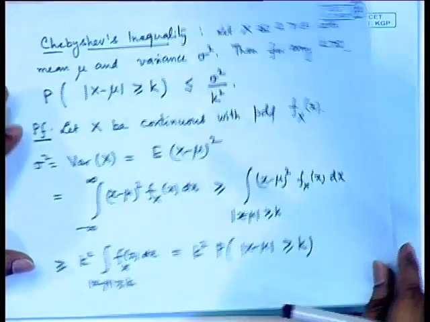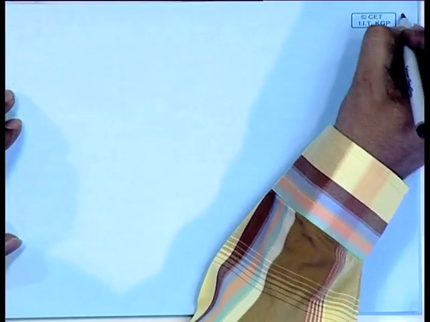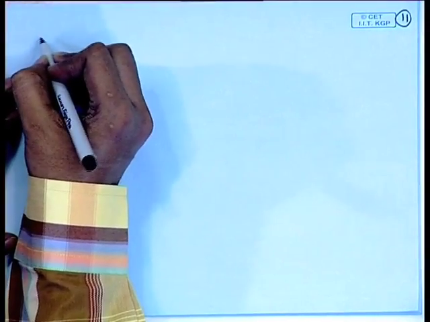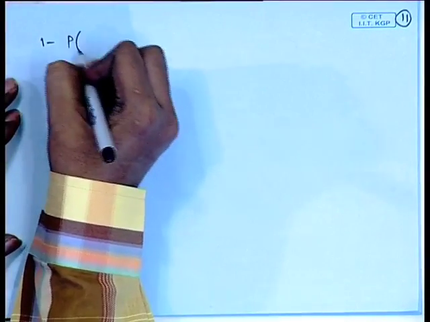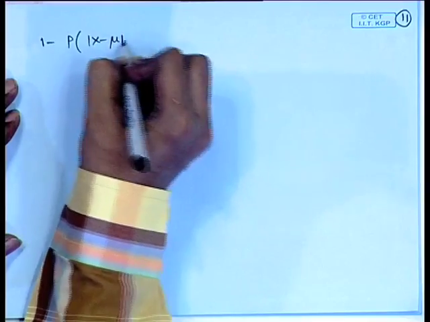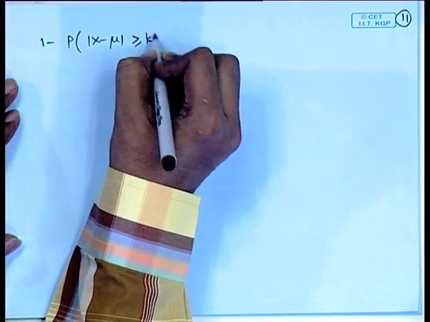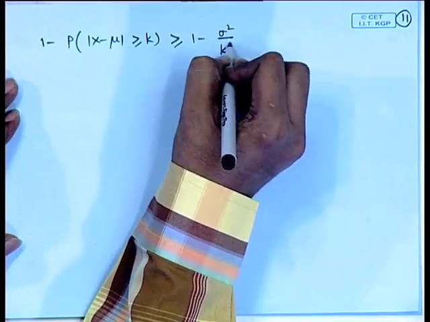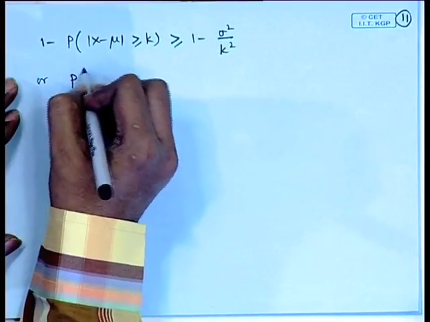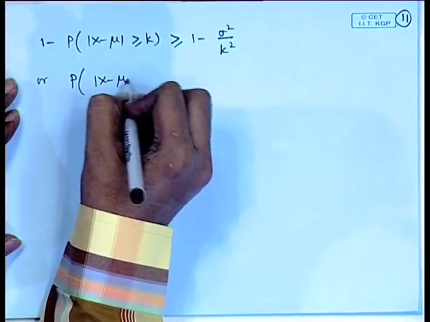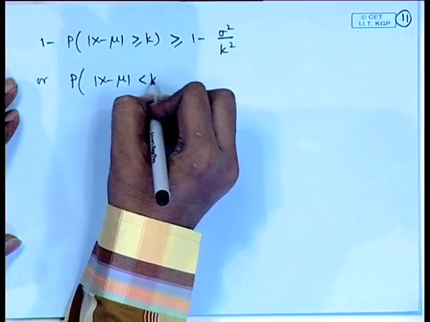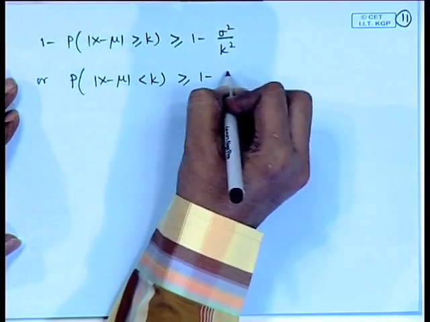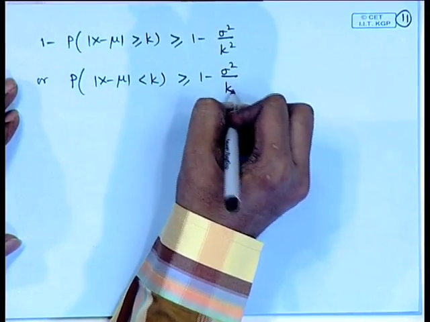You can write down alternative forms of this inequality by taking the complementary event. So, you will have 1 minus probability of modulus x minus mu greater than or equal to k greater than or equal to 1 minus sigma square by k square, or you can write probability of modulus x minus mu less than k is greater than or equal to 1 minus sigma square by k square.